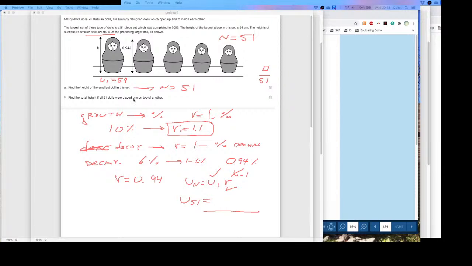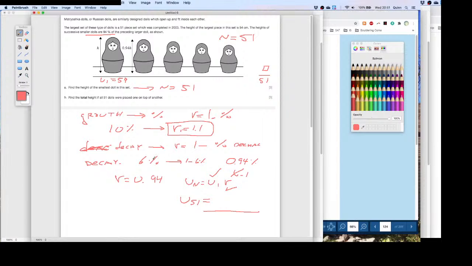Tanya, the 6%, I just said 6% in this question because I wanted to show you that normally what they don't do is just give you 0.94. Normally they say something like the dolls are decaying at 6%. So you'd have to go 1 minus 6%, which is 0.94.